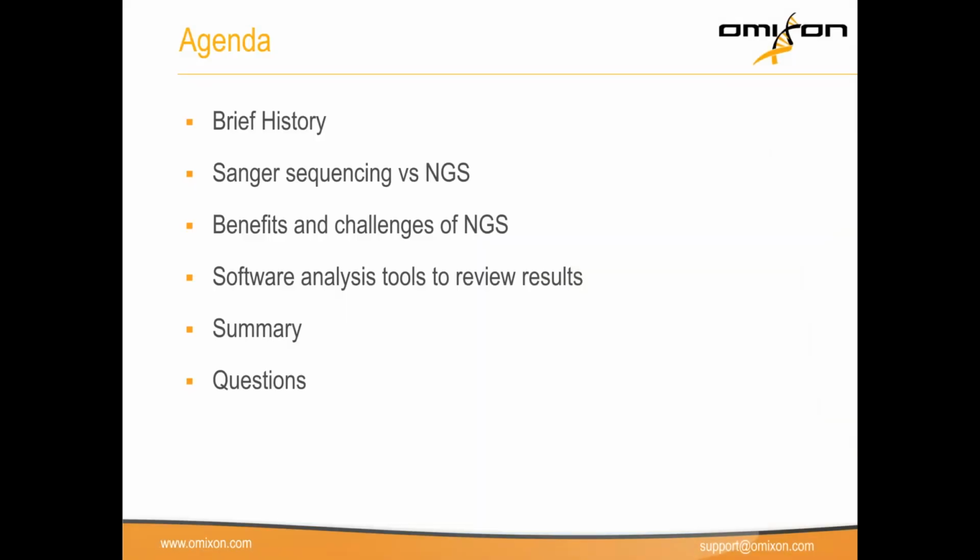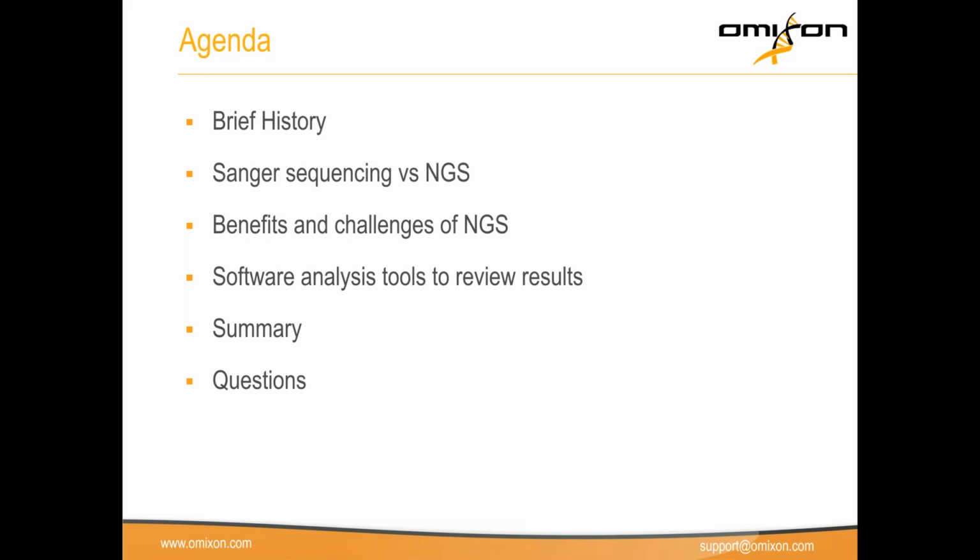So to start with the agenda, I will first start with a very brief history on the molecular techniques and NGS. Then I will highlight some of the main differences between Sanger sequencing versus NGS. I will then talk about the benefits and the challenges that come with NGS-based HLA typing.